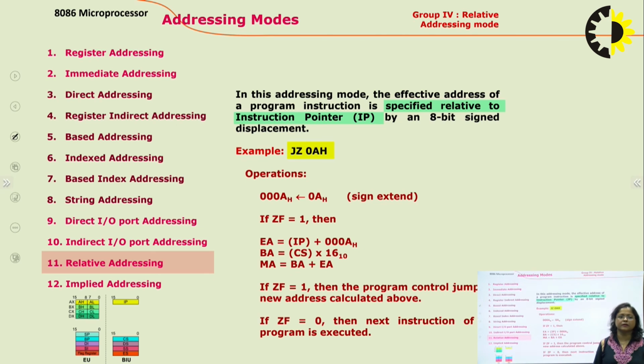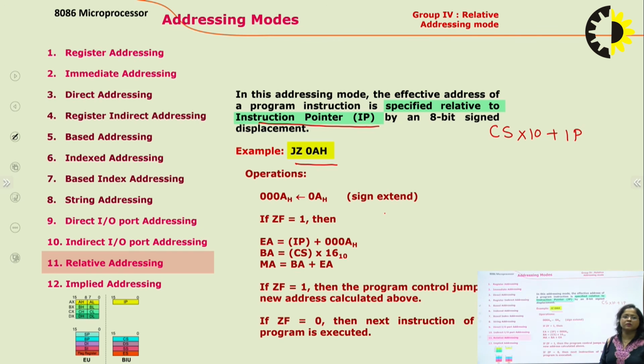Next is relative addressing mode. In this addressing mode, the effective address is specified relative to the instruction pointer. That is, basically it points to the next opcode. Instruction pointer is by default used with code segment register. So the physical address will be given by CS into 10 plus IP. Let us talk about JZ 0A.